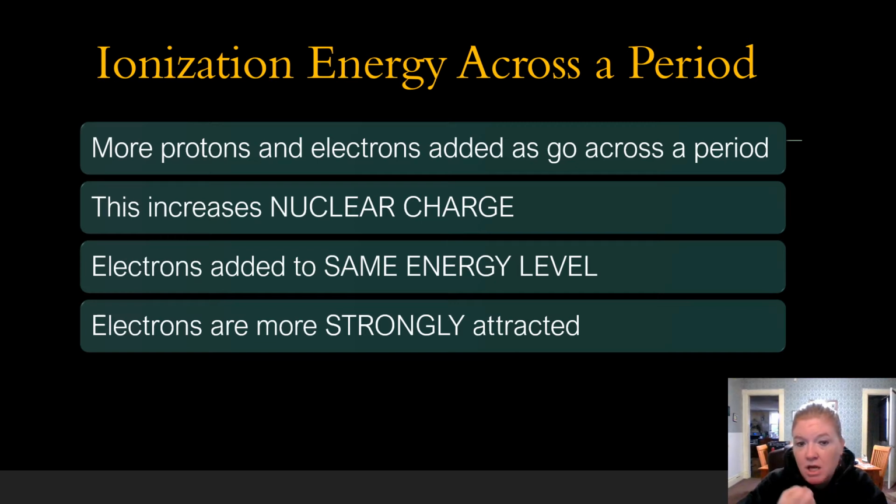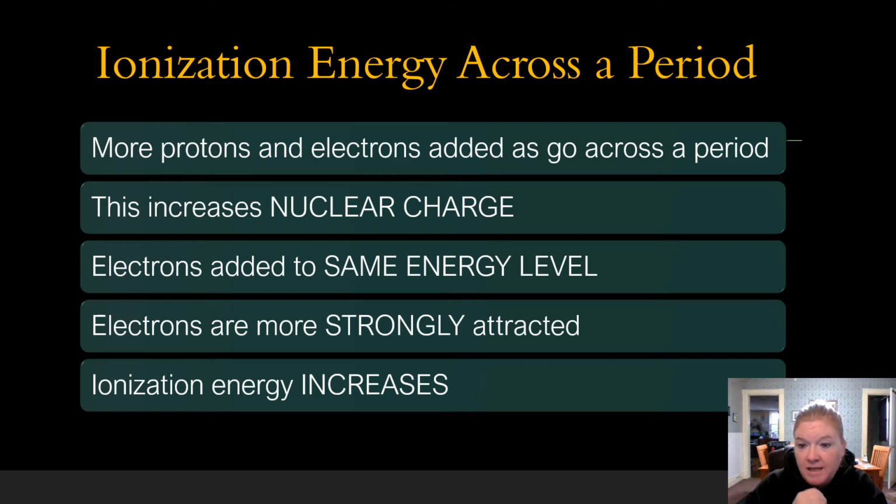As a result, those electrons are more strongly attracted by that nucleus. The electrons have a negative charge, the protons have a positive charge. So the ionization energy increases. Why? Those electrons are held a little tighter, so it's harder to pull one away. So the ionization energy would increase.